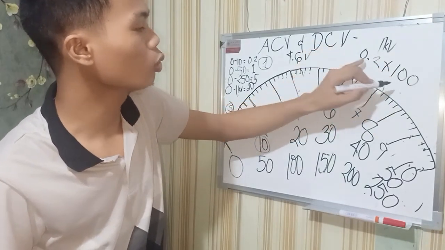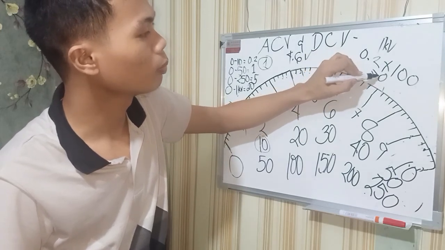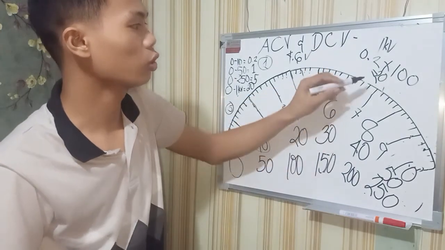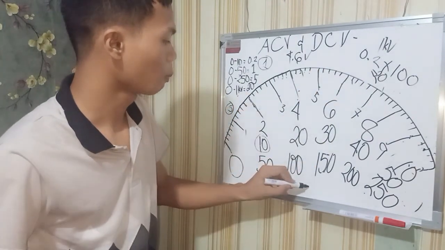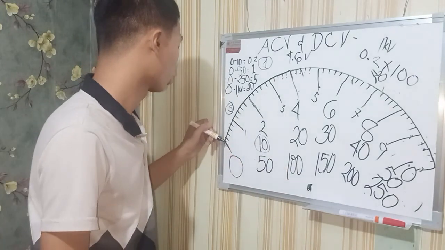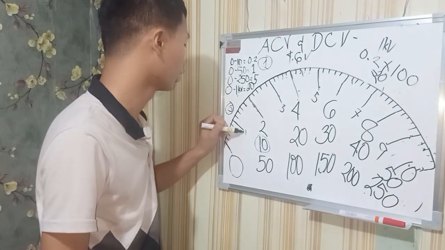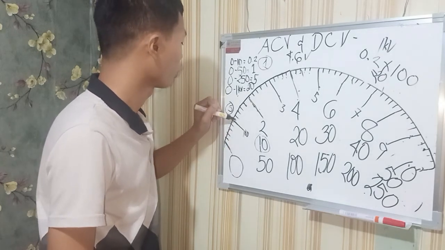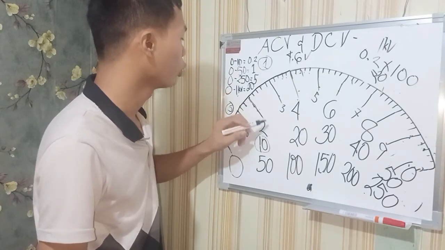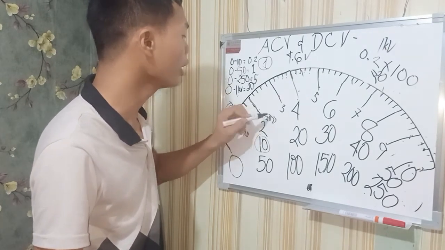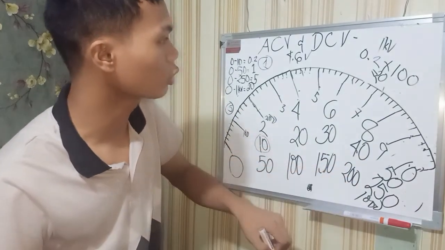So 0.2 times 100 is equal to 20. So each graduation is 20. We count 20, 40, 60, 80, 100, 200, until we reach 1,000 volt.